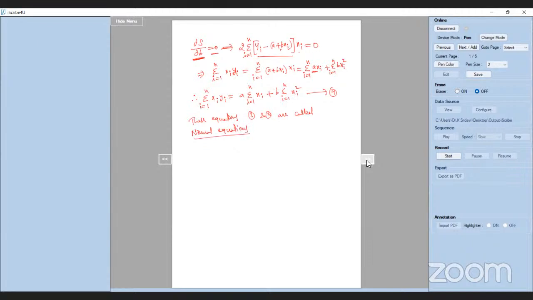These two equations, 3 and 4, are called normal equations for the least squares approximation by the first degree, or you can say for fitting a straight line.